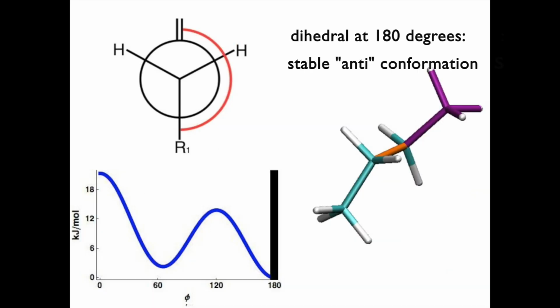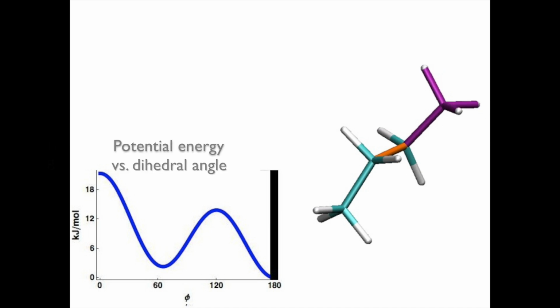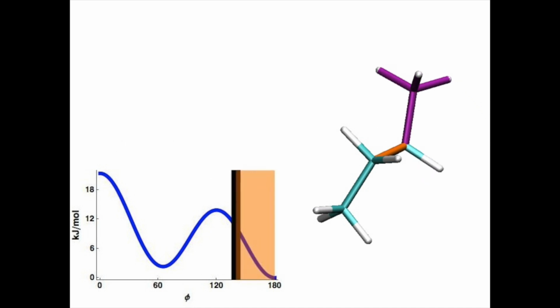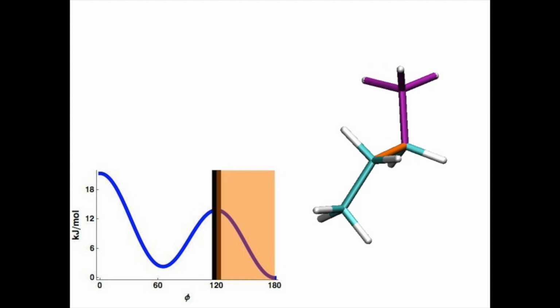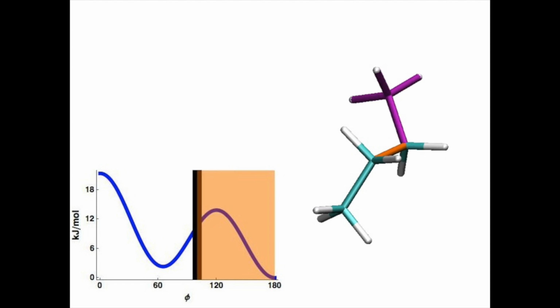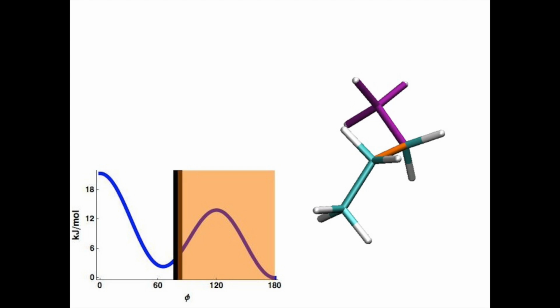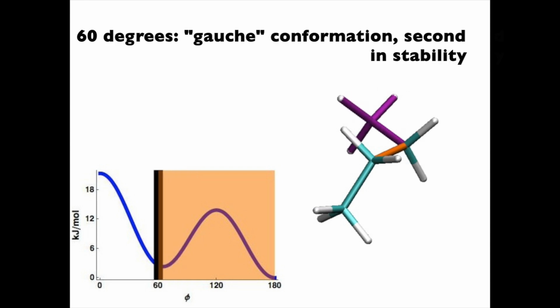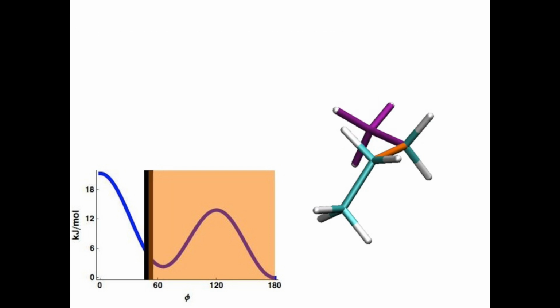Dihedral angles of plus or minus 60 degrees, which can be achieved by rotating the bonds by 120 degrees away from this most stable state, are the next most stable conformations. The higher the temperature, the greater the chance that random thermal motion will twist a chain into one of these less stable conformations, introducing a kink and preventing the chain from packing in a solid structure with its neighbors.